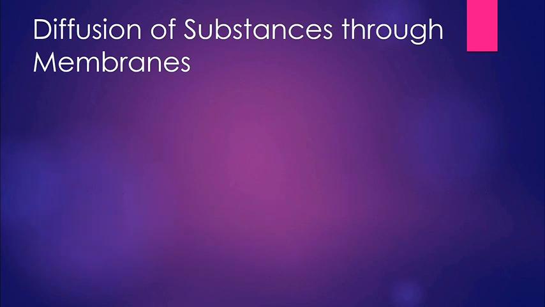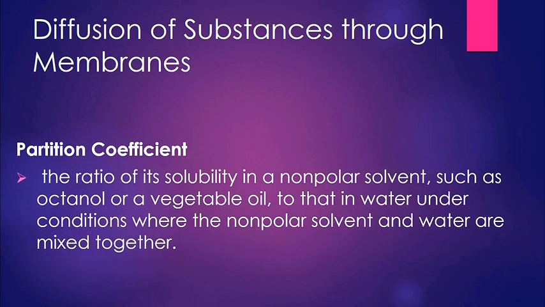Discussion of simple diffusion leads us to consider the polarity of a solute. One simple measure of the polarity of a substance is its partition coefficient, which is the ratio of its solubility in a non-polar solvent, such as octanol or vegetable oil, to that in water under conditions where the non-polar solvent and water are mixed together.